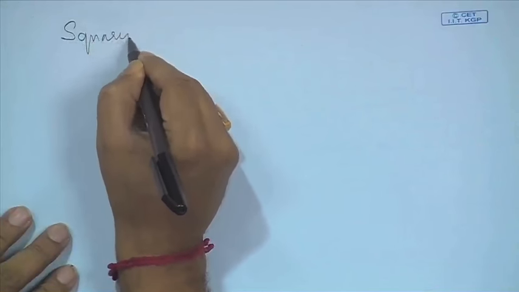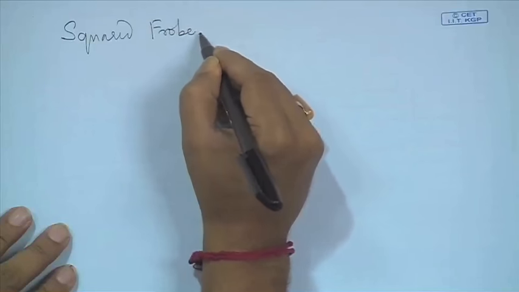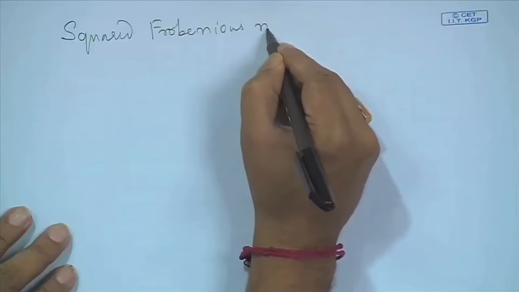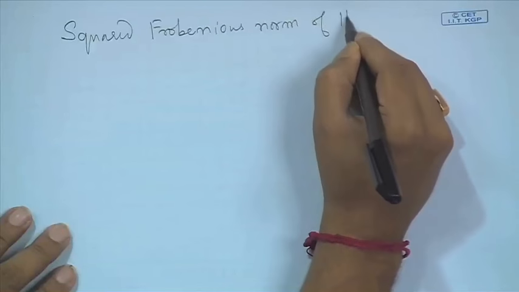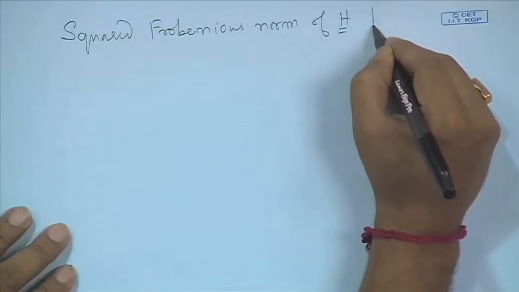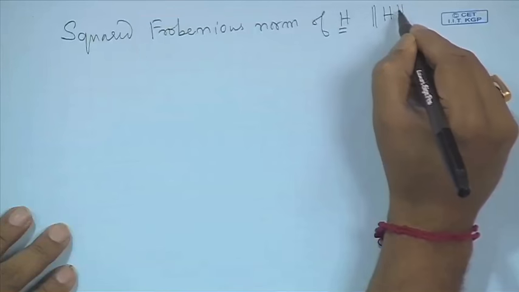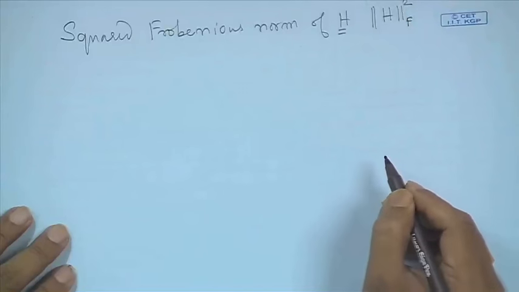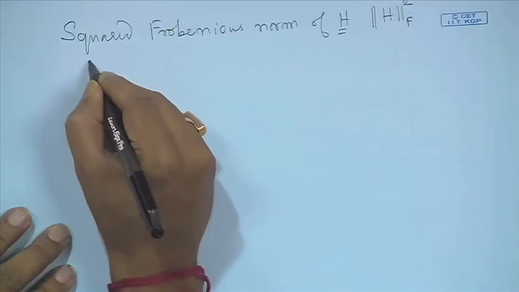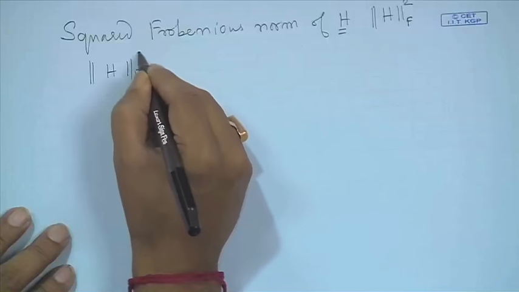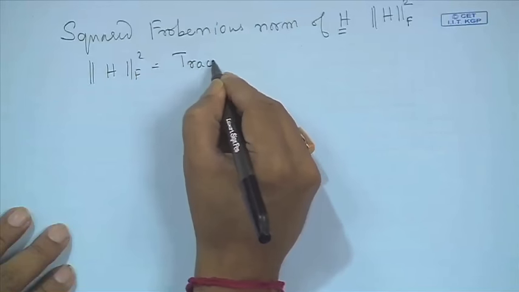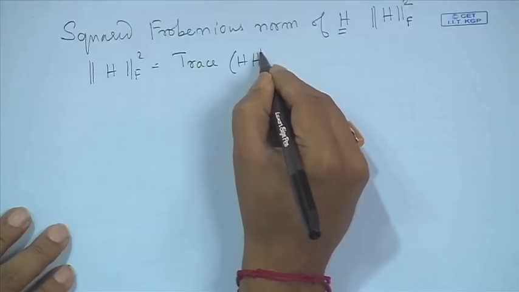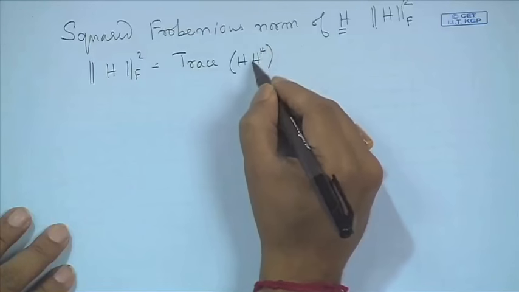We move on further and we take a look at the squared Frobenius norm of H. It is indicated by H with double lines on both sides, a square on top, and below F indicating Frobenius norm, squared Frobenius norm of H, which is defined as the norm of H squared equal to trace of H Hermitian H. We have explained what the Hermitian operation is.